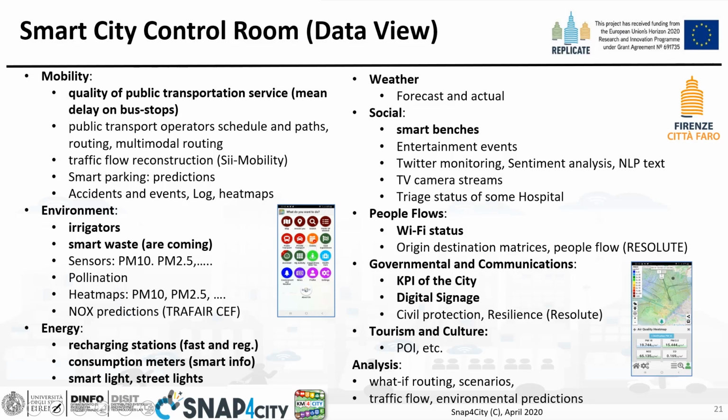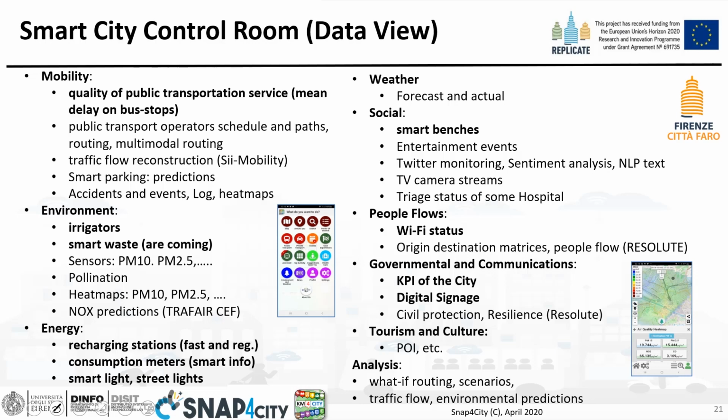The Smart City Control Room in Florence collects and exploits a large number of data regarding mobility and quality of public transportation, traffic flow, smart parking, accidents. These are the main data addressed there. There are a lot of other data that are not listed here.